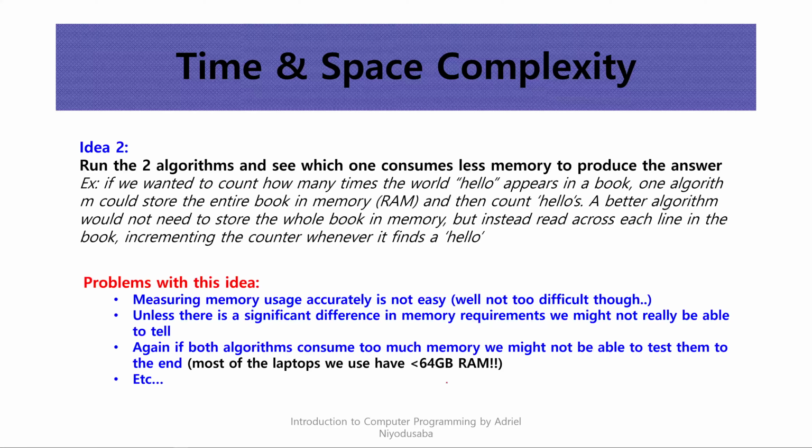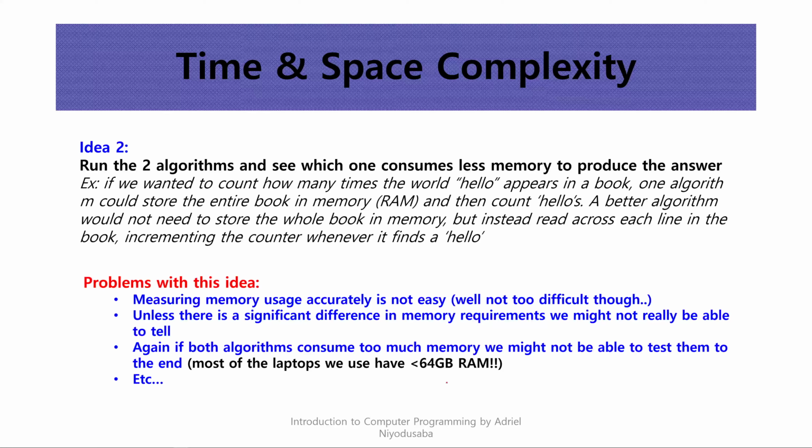You might also say, okay, let's compare them in terms of memory consumption. Just to give you an idea of what memory consumption we are talking about here, suppose you wanted to count how many times the word hero has appeared in a book. One approach which consumes much memory would be to store the whole book in memory, and then count how many times hero appears by reading from memory.